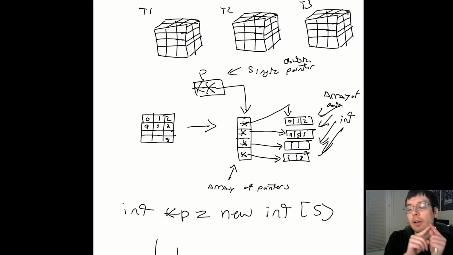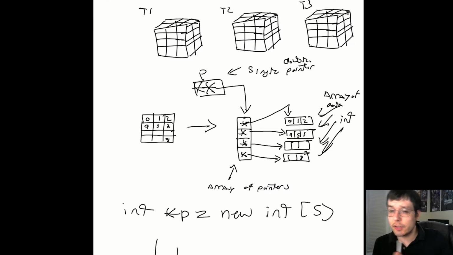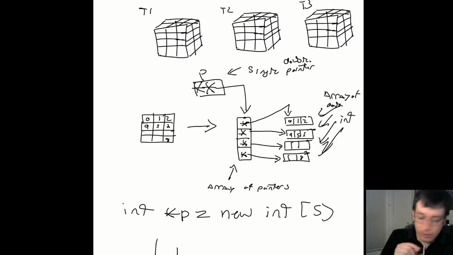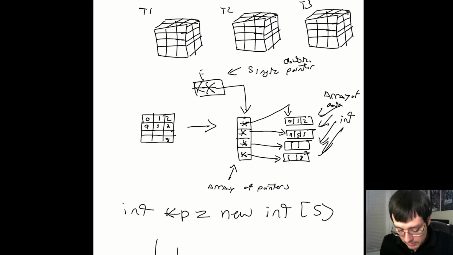Basically, it's like a scavenger hunt. I start at the beginning, and I say I need to go to the address of the first location of the pointer array. So I go to that address. That's 1D referencing. So from here to here, it's 1 address.